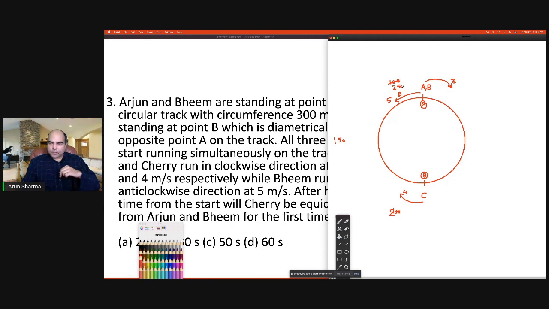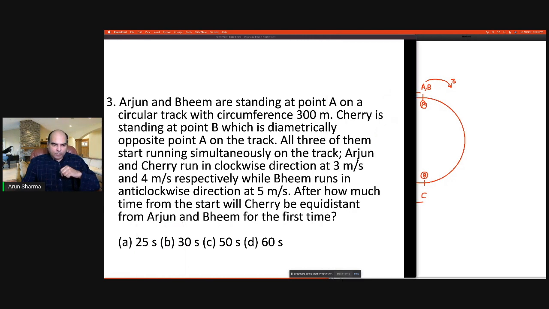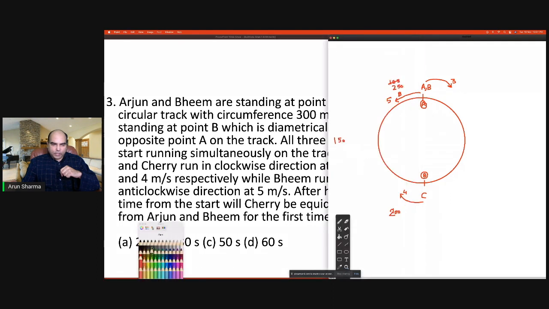Cherry's travel of 200 is going to take you to this point, 50 clockwise from A, and Bhim's travel of 250 is going to take him 100 here, 150 till point B, and then another 100 here.